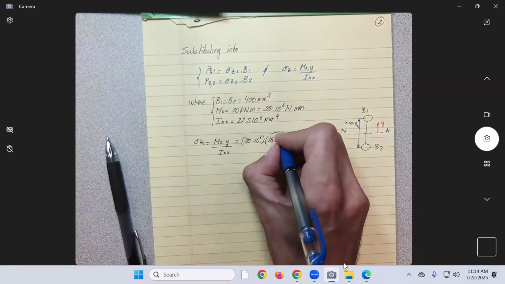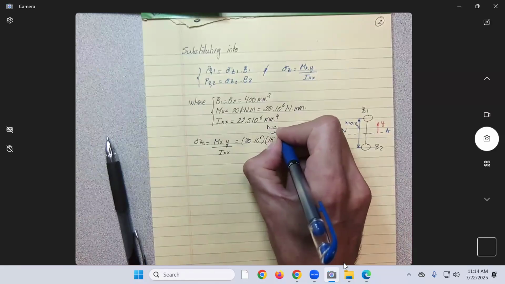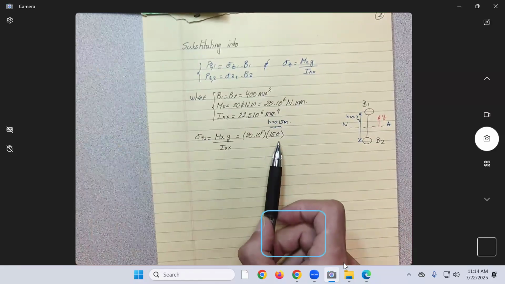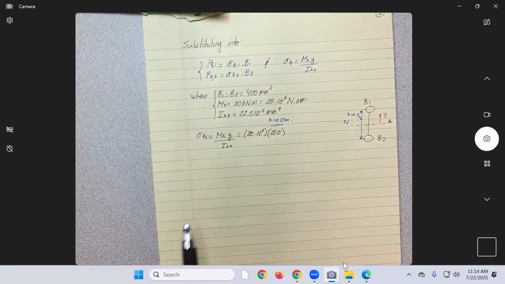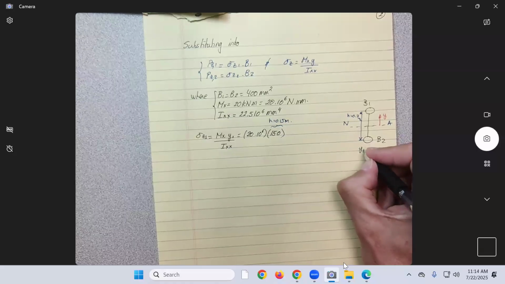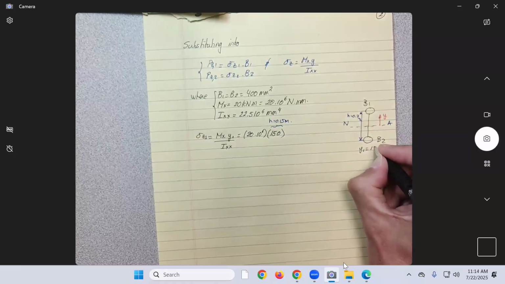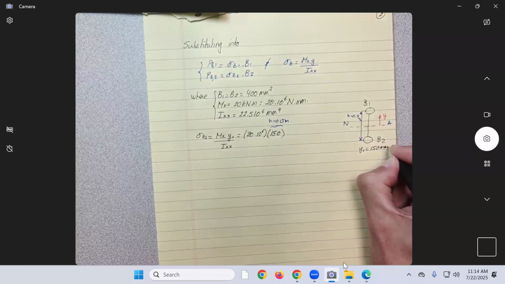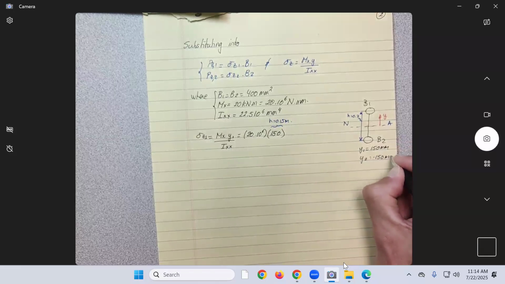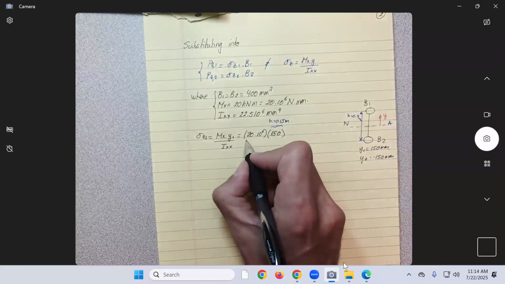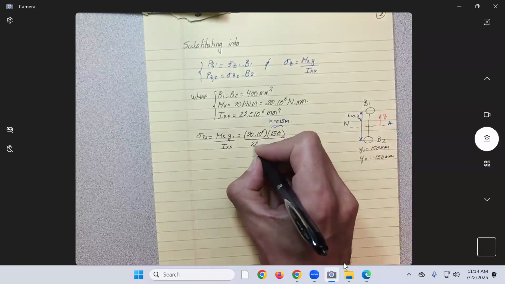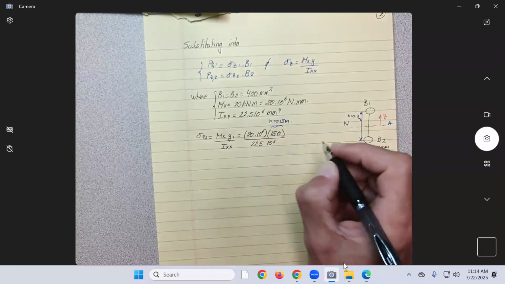This is y sub 1 equal to 150 millimeters. Y sub 2 will be minus 150 millimeters. Divided by IXX, that we say is 22.5 10 to the 6.